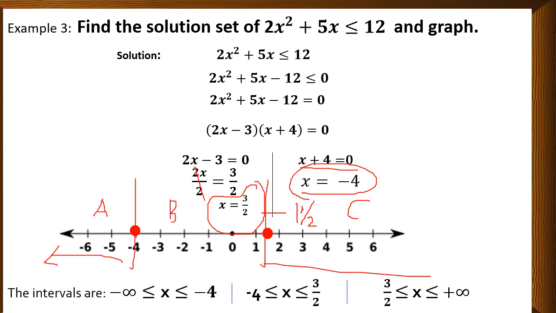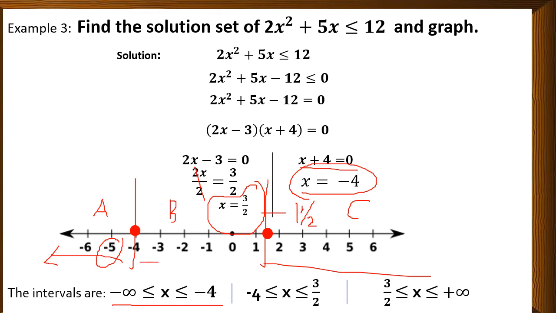We are going to choose a point in every region. You can choose any point, but for this time, for the first region, where x is less than or equal to negative 4 but greater than or equal to negative infinity, we have to choose negative 5.